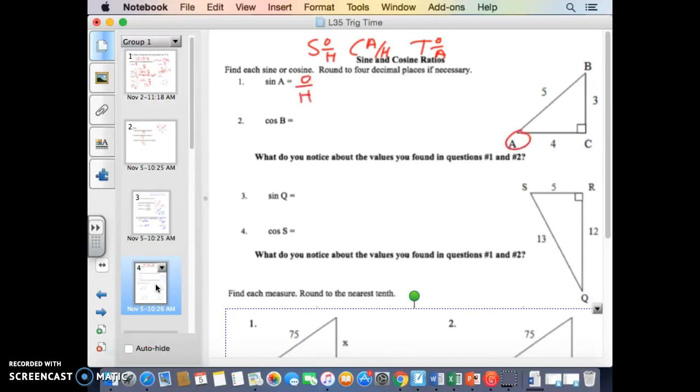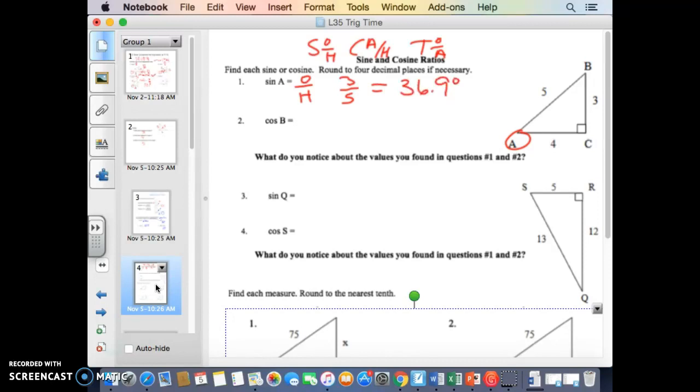So if I'm looking from A, opposite is 3, hypotenuse is 5. So I have to hit second sin, 3 divided by 5 in parentheses, and you should get about 36.9. And that's in degrees. So this is 36.9 degrees.